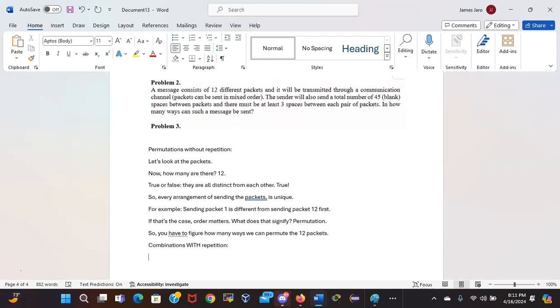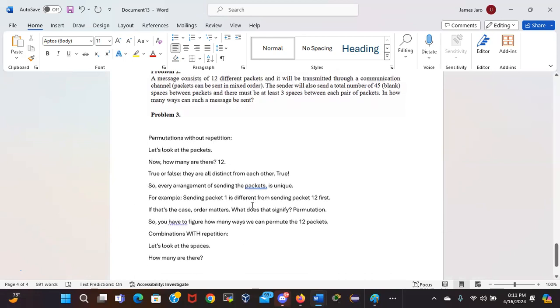For combinations with repetition, well, let's talk about it. Let's look at the spaces. How many are there? Yeah, there's 45. Now, true or false? These spaces are all distinct.